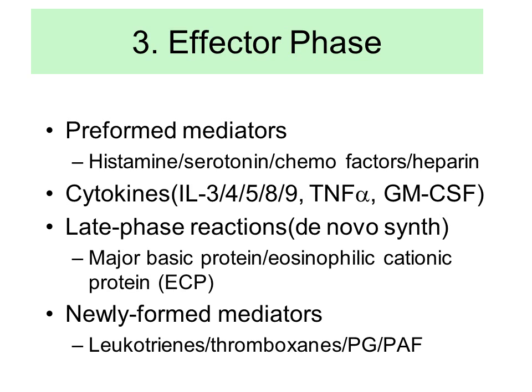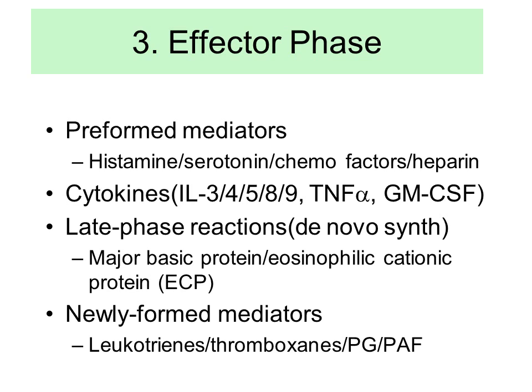So the most important pre-formed mediators are histamine, we talked about that, serotonin, chemokine factors, and heparin. So these are some of the important ones, and you have to come up with a line of drugs against them: anti-heparin, anti-serotonin, and so on. Then there's a set of cytokines that are released: IL-3, 4, 5, 8, 9.